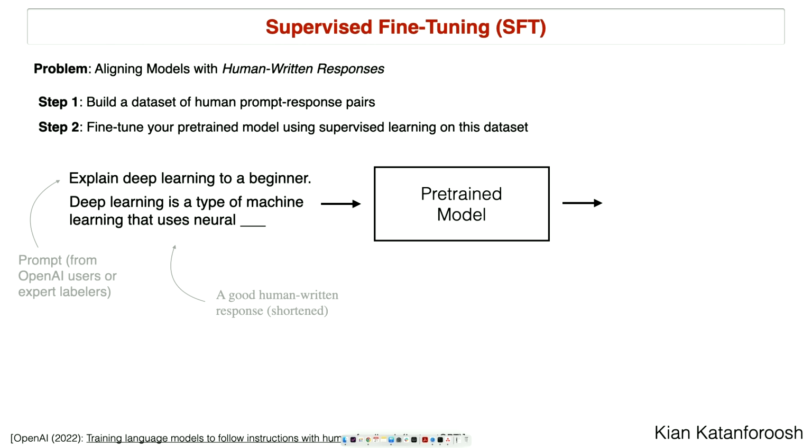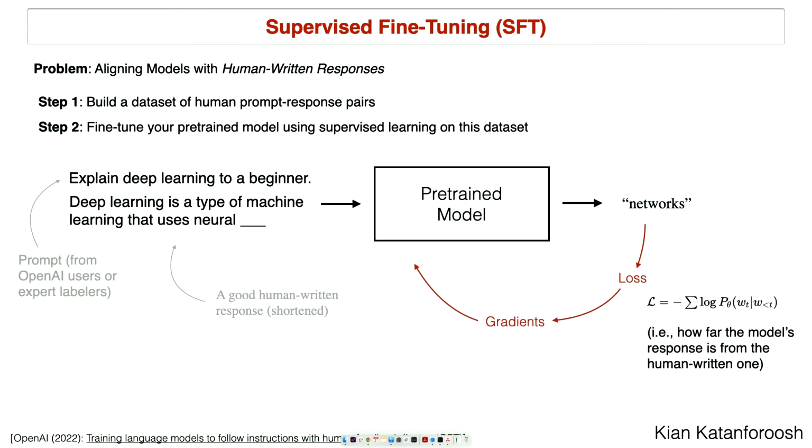"Deep learning is a type of machine learning that uses neural," and then I expect the model to come up with the word "networks." So it's literally do whatever we did to train the pre-trained model, but we do it on human-written prompt-response pairs.